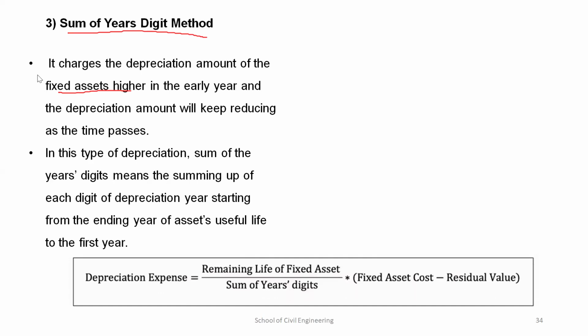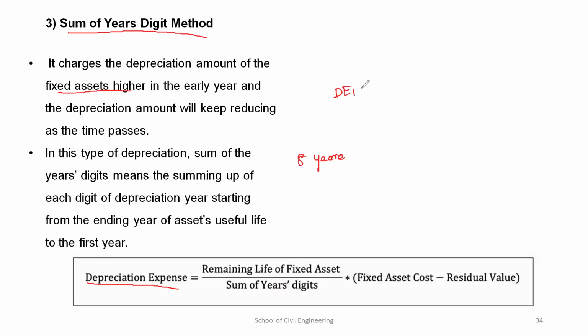See how we will calculate this. We have one formula for this: depreciation expense is equal to the remaining life of a fixed asset divided by the sum of year digits, multiplied by fixed asset cost minus residual value. I said the useful life of an asset is 8 years, right? Suppose we want the depreciation expense for the first year.